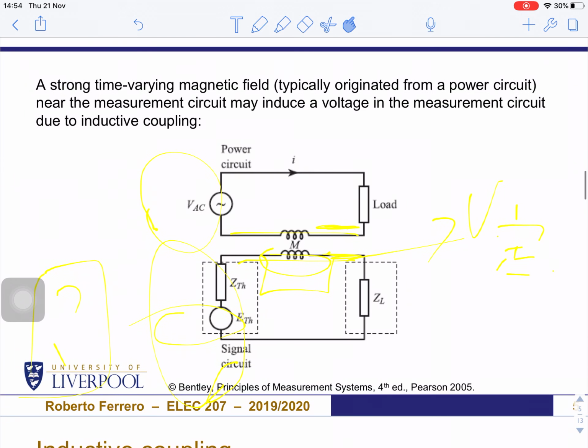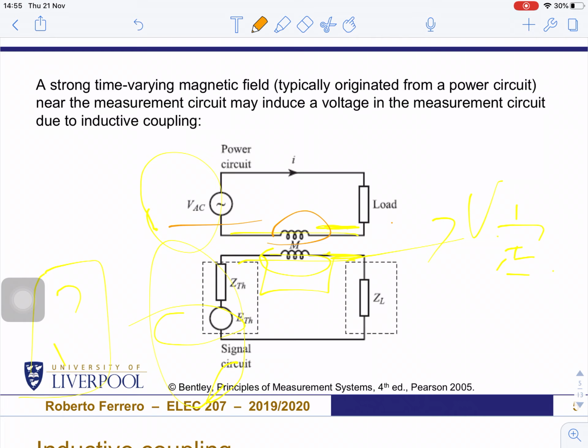For example, this is an AC power supply, and when it goes to an inductor, the derivative of the AC current is proportional to the induction flux that is generated here, and the derivative of the induction flux within this coil will be proportional to the voltage that is generated.